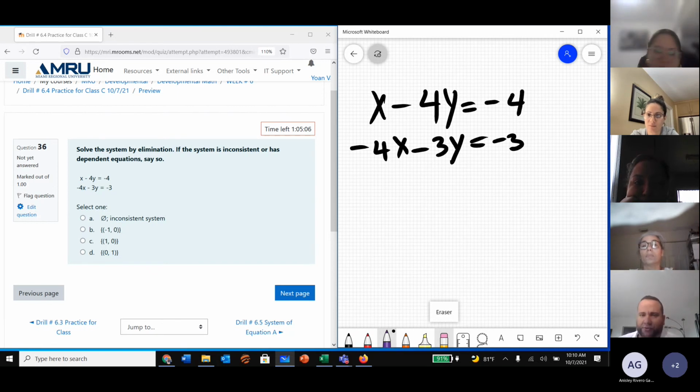Which variable do you prefer to eliminate, x or y? Which do you think is easier to eliminate? I think it's x. x is easier to eliminate.